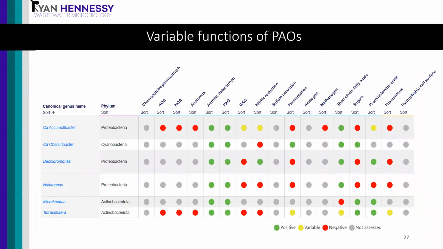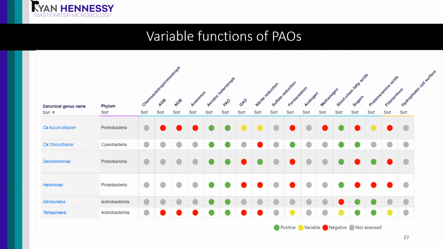A lot of times the PAO and biological phosphorus removal can be really finicky. This slide here is just demonstrating the different genera that are capable of enhanced biological phosphorus removal. You can see they're all PAOs, but some are also capable of denitrification, and Cumulobacter can also be a GAO if the conditions are right.